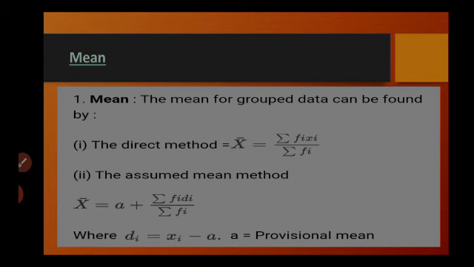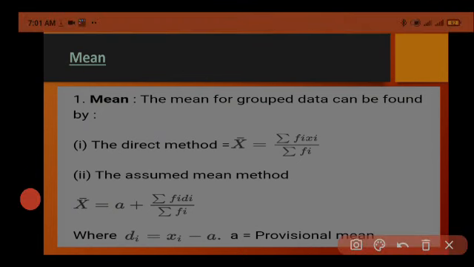So for finding the mean, we have three formulas, but this year one formula is deleted by CBSE, so we will be studying only two formulas. First of all, we'll see the mean. The mean of the grouped data can be found by the first formula, the direct method. x bar denotes the mean.